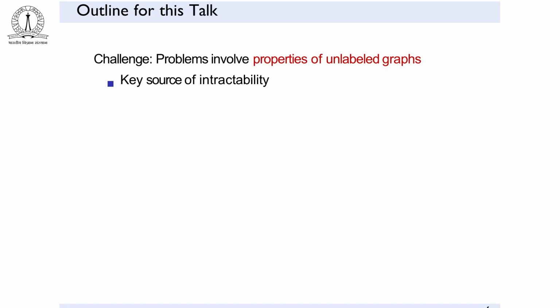So I'm really reasoning about properties of unlabeled graphs, and that automatically introduces a kind of combinatorial complexity to the problem. That's really the core reason why all of those preceding problems are NP-hard. Of course, not all problems where there's combinatorial explosion end up being NP-hard, but that's really the reason why in these cases they all are.